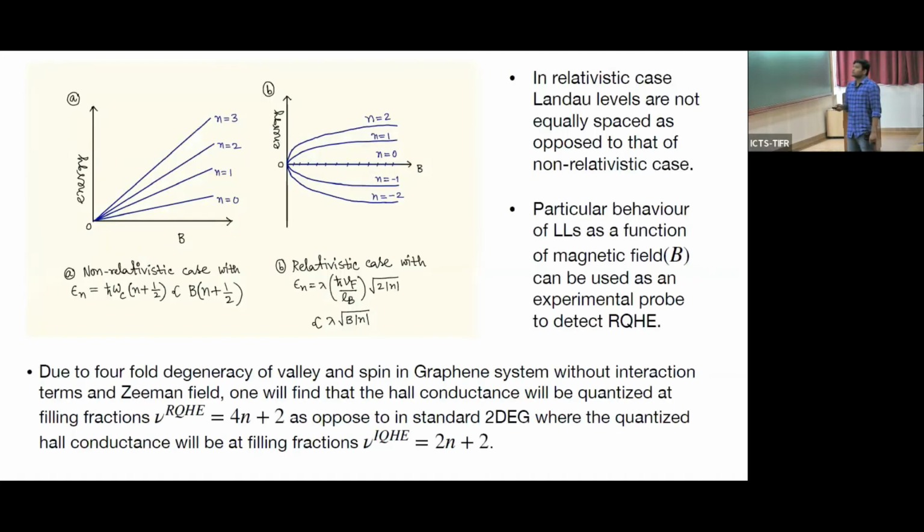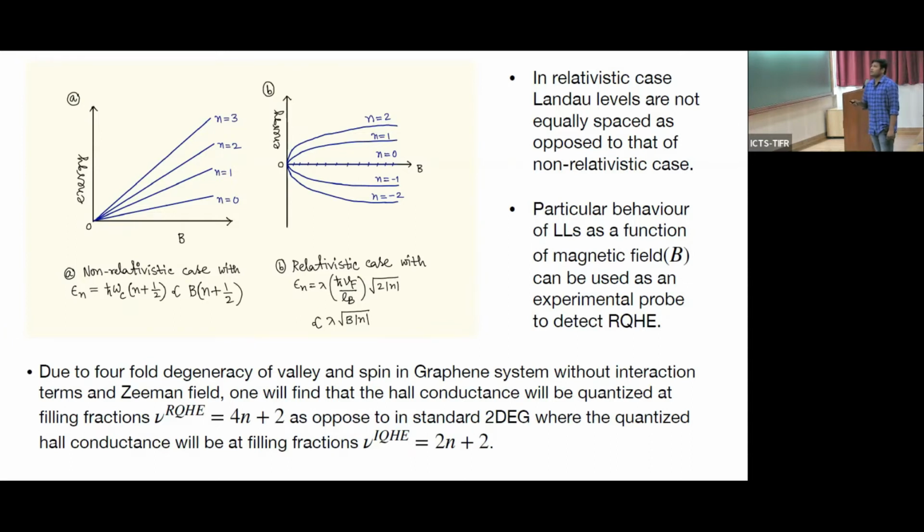Okay, so what is the main difference to keep in mind between the basic 2D electron gas and this graphene Landau level spectrum? In the 2D electron gas, the spectrum is linear with respect to n, and if you take a vertical cut like this, you will see that the successive gaps are the same.